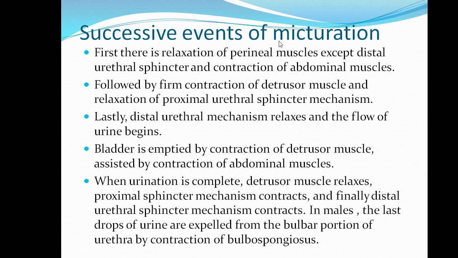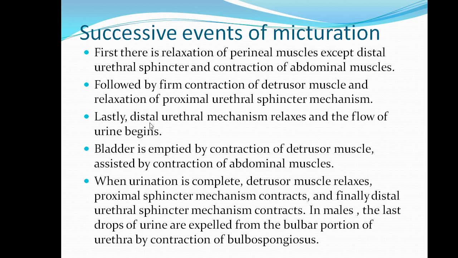The successive events of micturition. First, there is relaxation of the perineal muscles, except the distal urethral sphincter, and contraction of the abdominal muscles. It is followed by firm contraction of the detrusor muscle and relaxation of the proximal urethral sphincter mechanism.